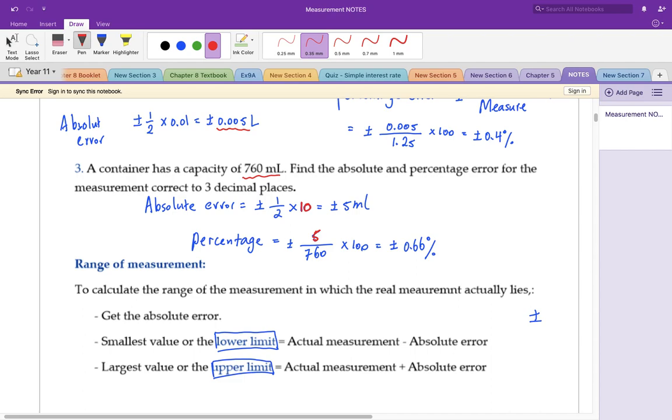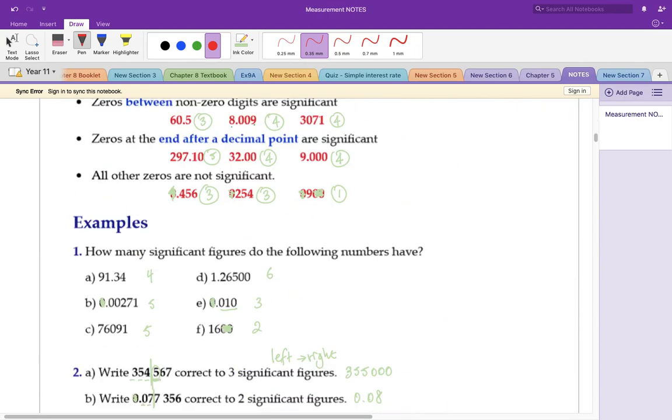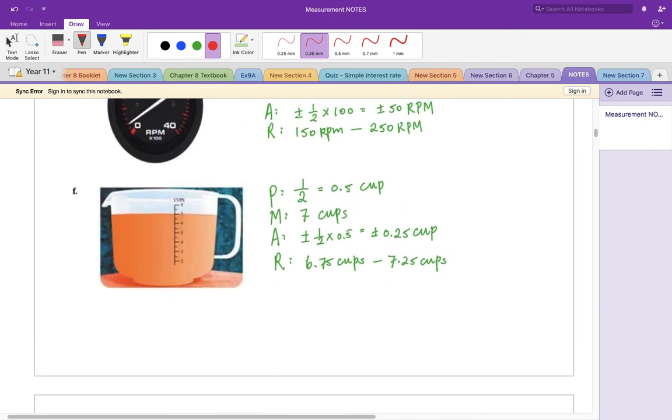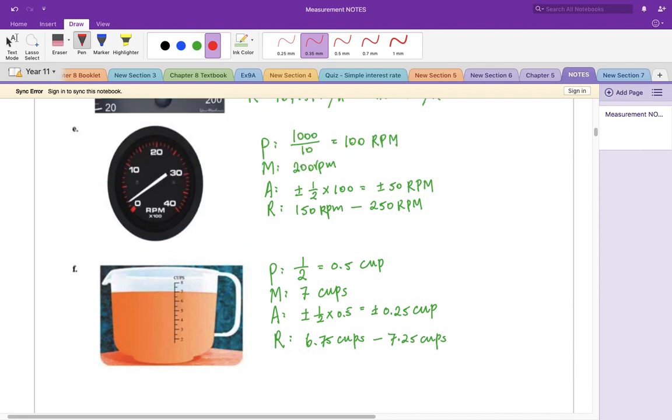I know that some of you are thinking, hey, this is to the nearest 1 mil. Why am I not using 1 as my absolute error? That's because if you actually look at a measuring cup, for example, this one, a measuring cup doesn't go 1, 2, 3, 4, 5, 6, 7, 8 all the way up, right? It probably just goes up by 10 or 50 or 100. It depends on the cup.